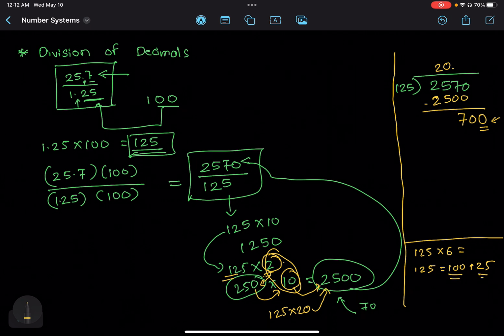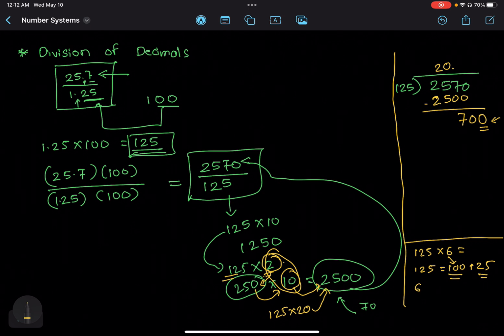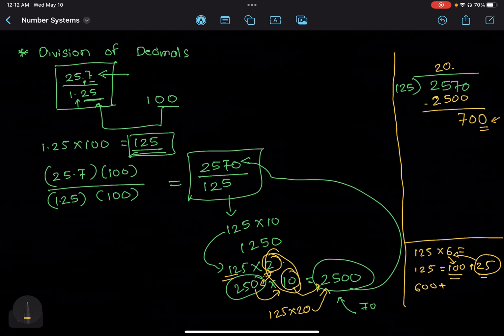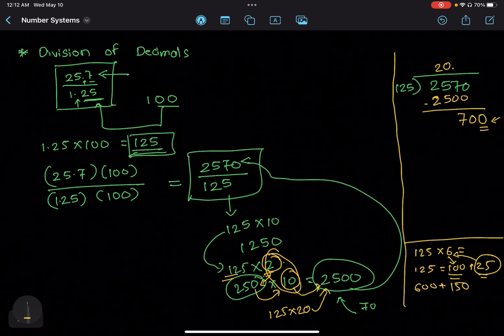So 6 multiplied by 100 is 600, plus 25 multiplied by 6, which is 150. So the answer will be 750.